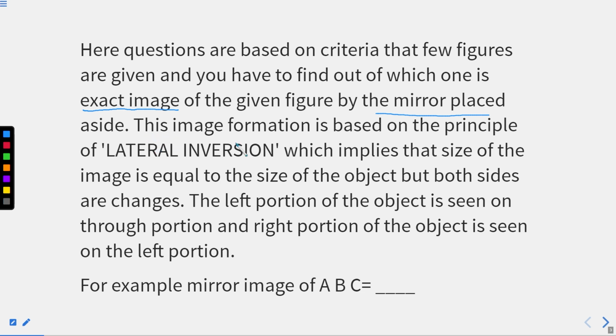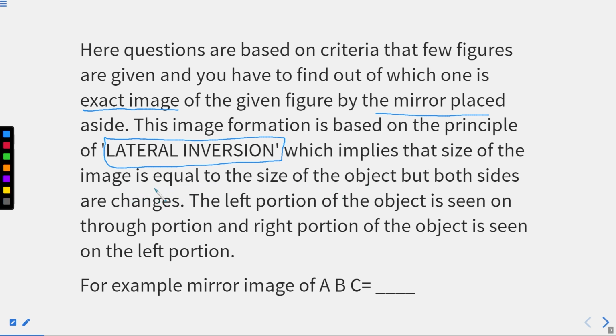This image formation is based on the principle of lateral inversion. What is the concept behind the mirror image? It is lateral inversion. This implies that the size of the image is equal to the size of the object.